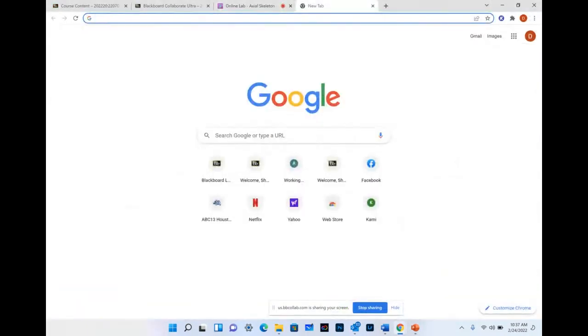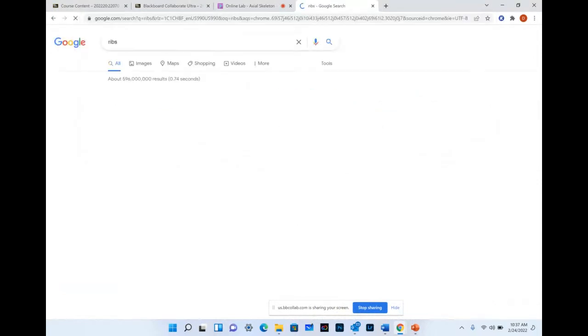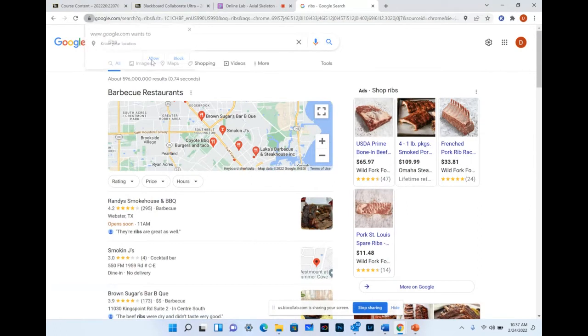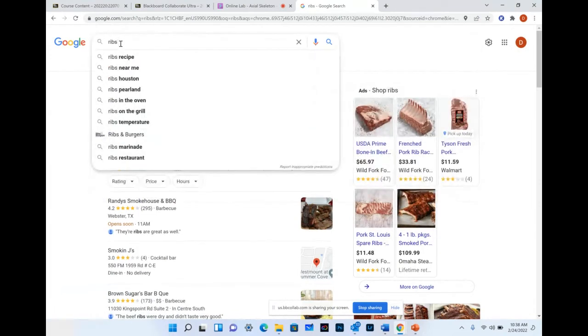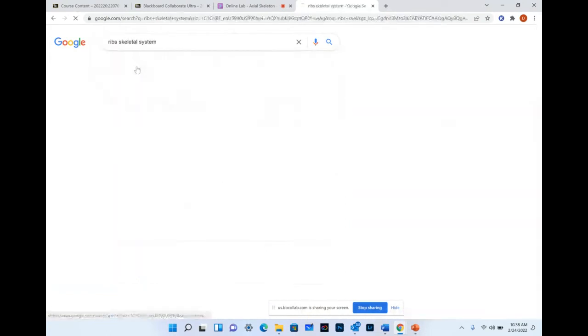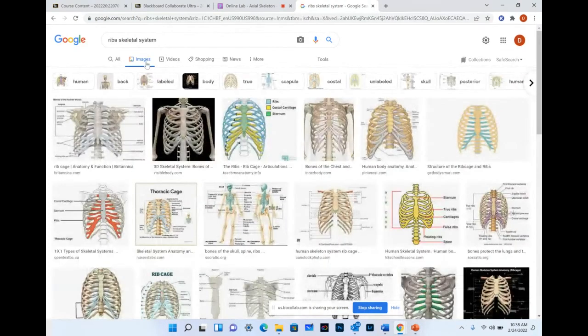So here we are going to Google ribs. Okay, this turned into barbecue ribs. We don't want that. We are going to say ribs skeleton system. Okay, now it looks presentable, and we are going to go to the images. There we go.